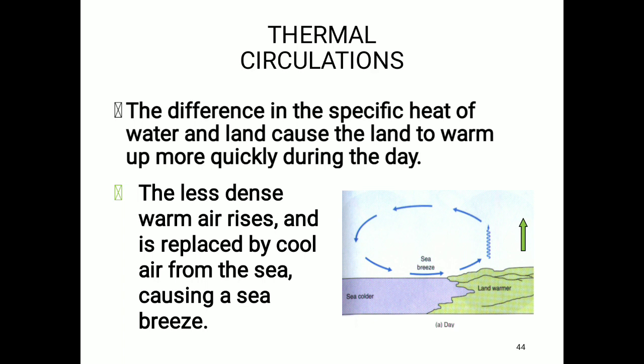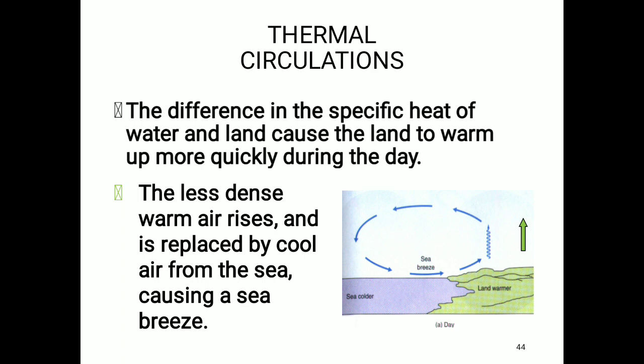In the marine areas, where the sea and land meet, the land, which has sand, has a different specific heat capacity, and the sea has a different specific heat capacity. So the less dense warm air rises and is replaced by cool air from the sea, causing a sea breeze. So there is a formation of sea breeze in the day.